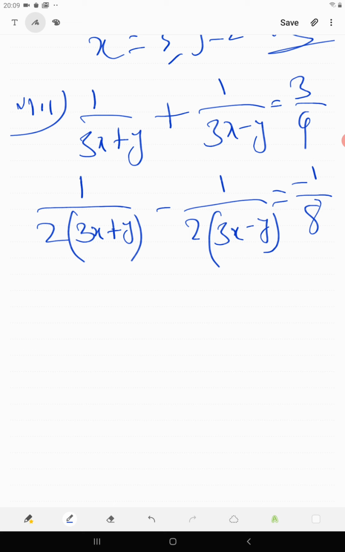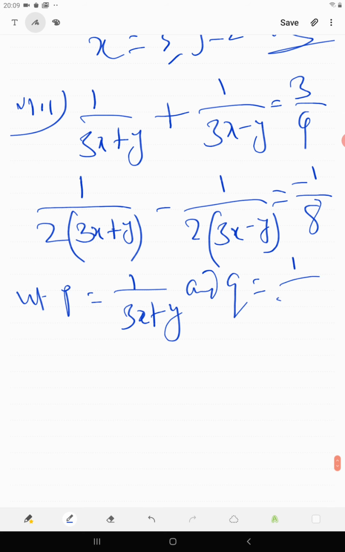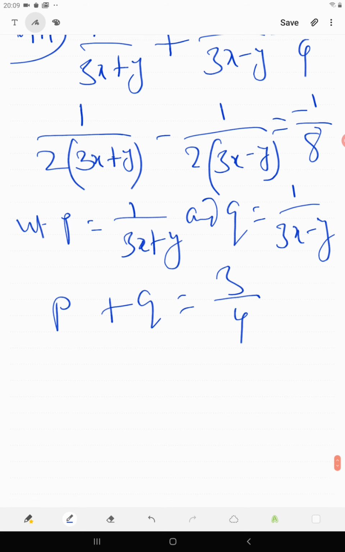Correct? Now here we will assume let p equals 1 by (3x plus y) and q equals 1 by (3x minus y). What will happen? The equation will become p plus q equals 3 by 4. Okay. So 4p plus 4q equals 3, because the 4 will come towards the right, it will multiply with the whole, and it will become 4p plus 4q equals 3.